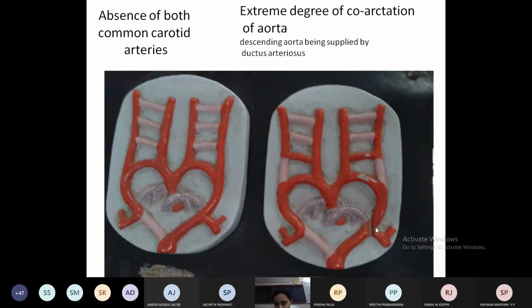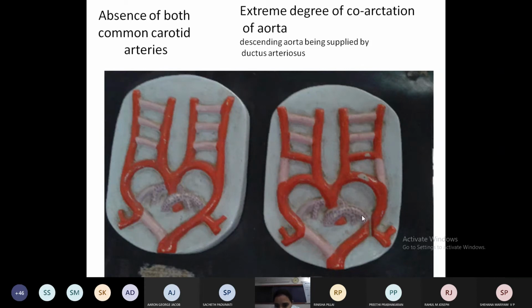Just after the origin of the left subclavian artery, there is a block here. So the lower part of the body will not get the blood. That blood is going to be supplied by the ductus arteriosus. It will go through the ductus, and this part, the ductus arteriosus, will supply the lower limb.